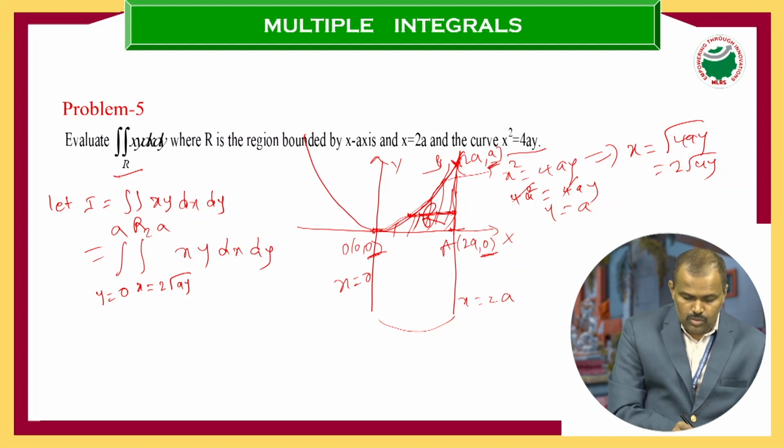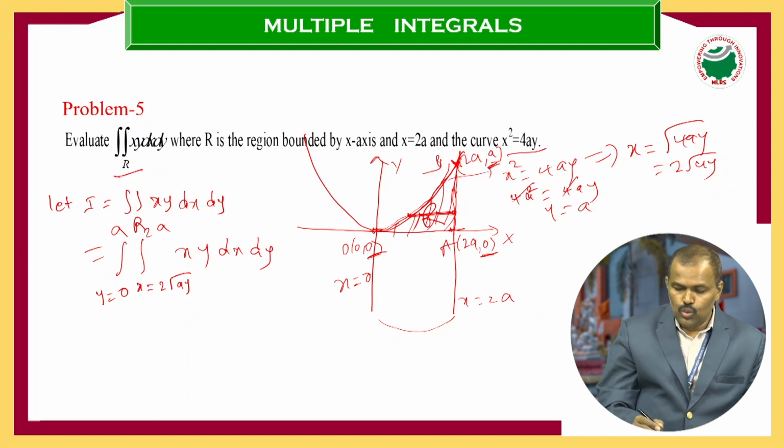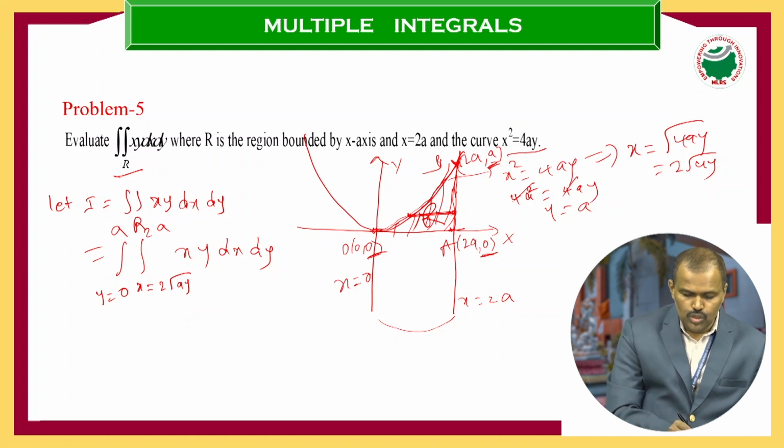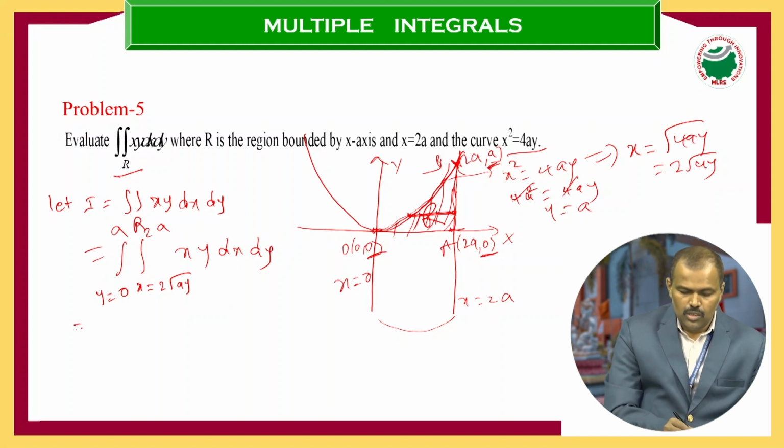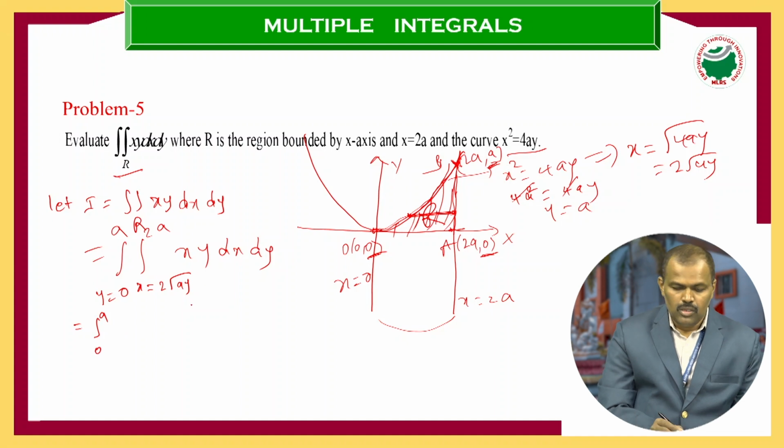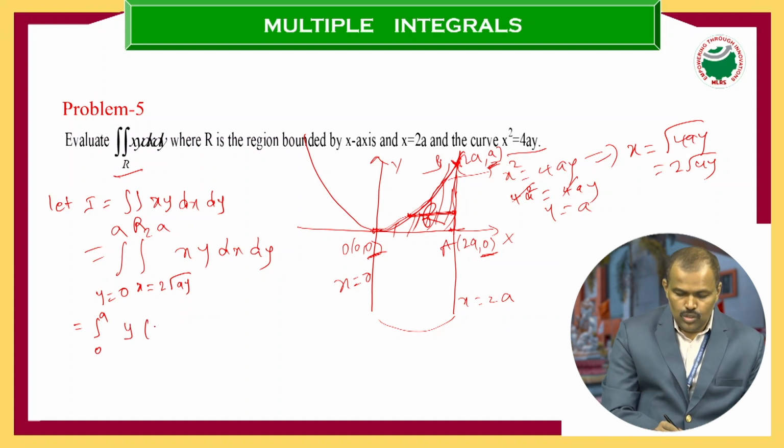Now this is all in terms of y and constants. This can be completed by doing with respect to y. Here I am splitting the terms: integral 0 to a, y by 2 into 4a square, 2 in 4, 2 times cancel, gives 2a square into y. That is the first term. Minus, 2 in 4a, 2a times cancel, gives 2a y square, y into y, y square dy.